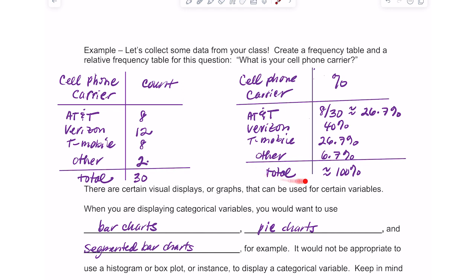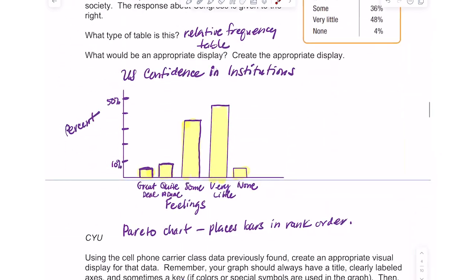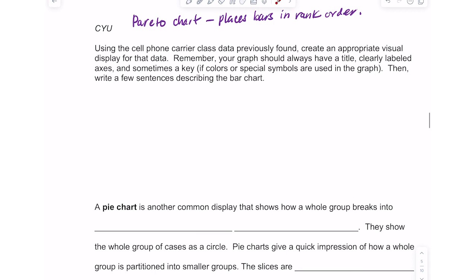So since we made a relative frequency bar chart, why don't we make just a regular bar chart for this graph? All right. And it's okay if you did not do that. So again, we need a title. So cell phone carriers in maybe our class, SDA 2023.